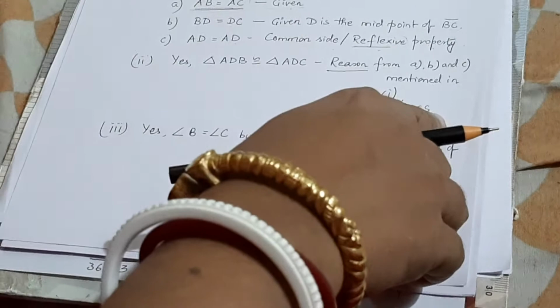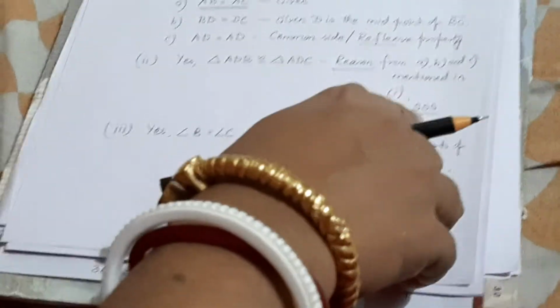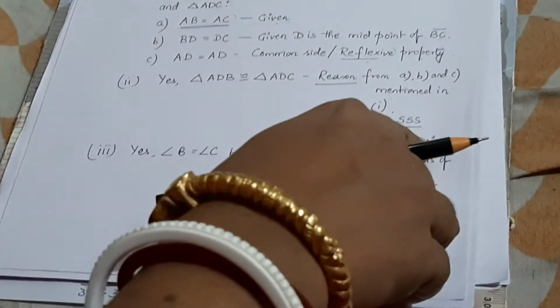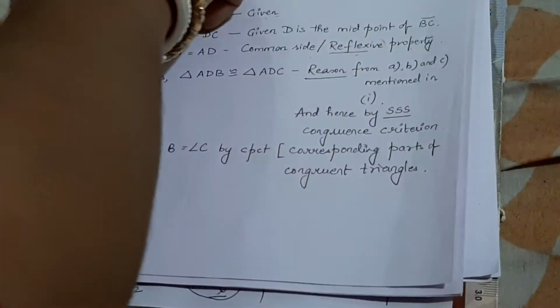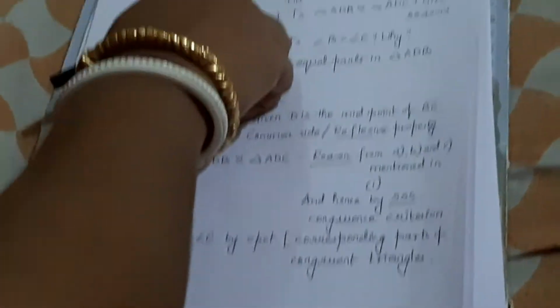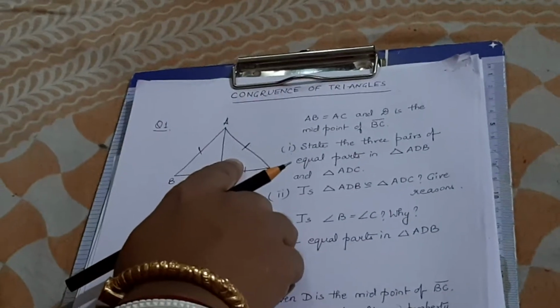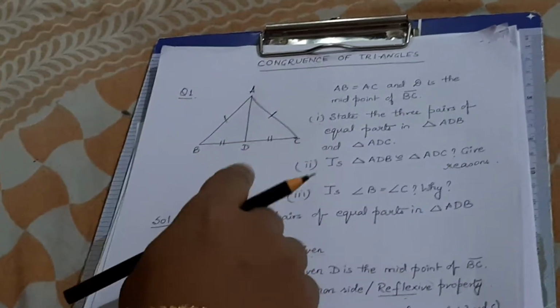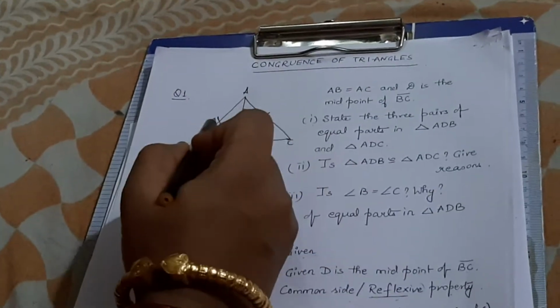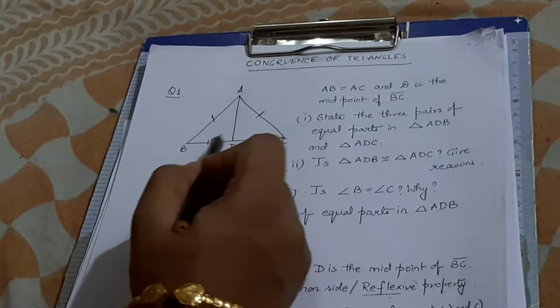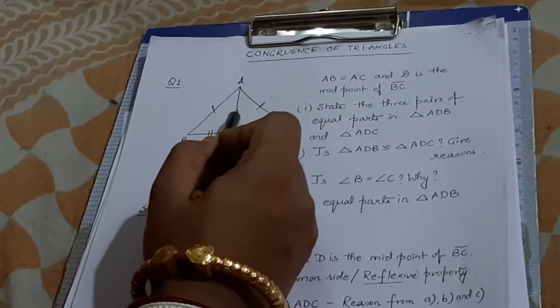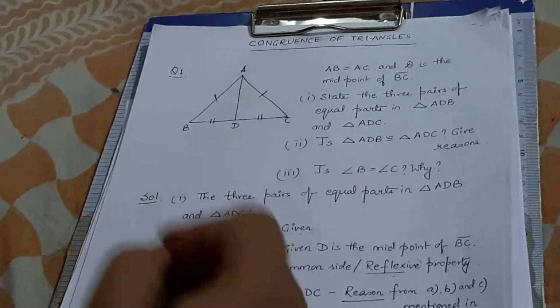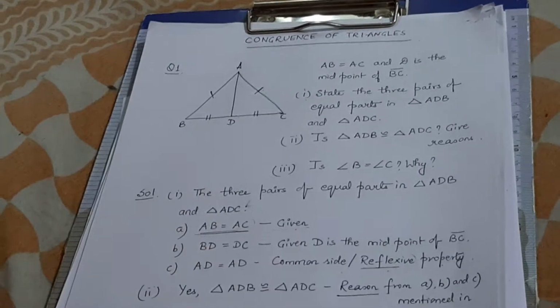I hope by now you have understood the meaning of SSS. SSS congruence criterion means two triangles are congruent when all three pairs of corresponding sides are equal. This is equal to this, this is equal to this, and this is the common side. So all three corresponding sides are equal.